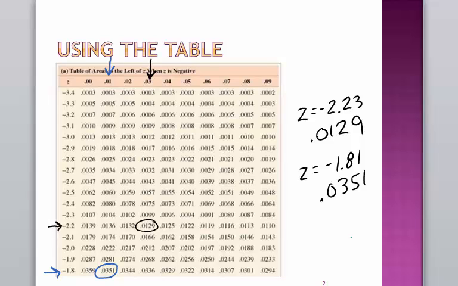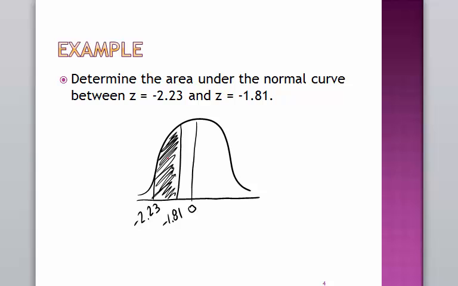And so now we're going to go back to our problem and we're going to look at the picture that we drew. Now remember that the table gives you the area to the left of the number that you looked up. So when we looked up negative 2.23, that gave me an area of 0.0129.